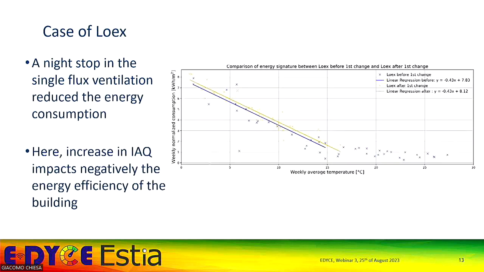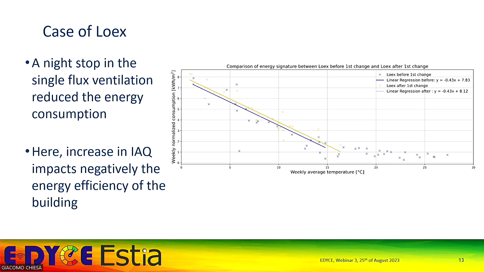However, when you look at energy, here we can see that it actually has a high impact, and it's a negative impact. We have single flux ventilation, so we lose more heat during the night, and this is easy to see on this graph. In the blue, you have the measurements before, and in orange, you have the measurements after the ventilation change. And this is weekly aggregated consumptions.